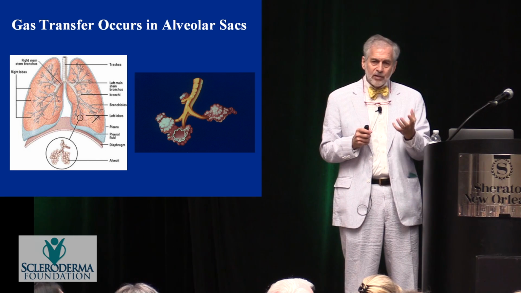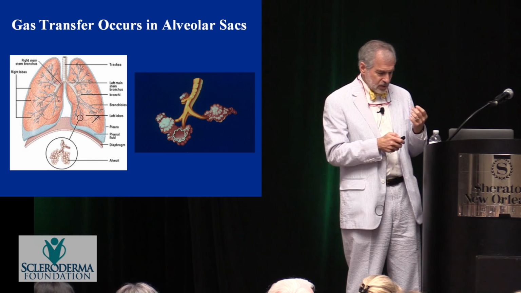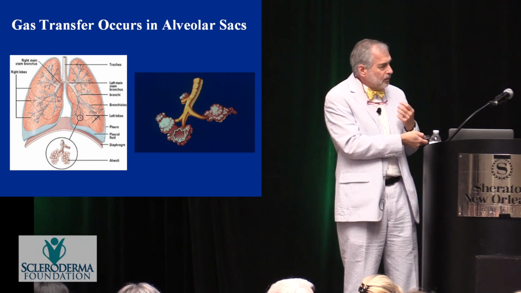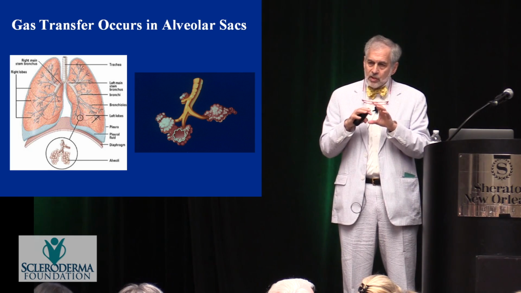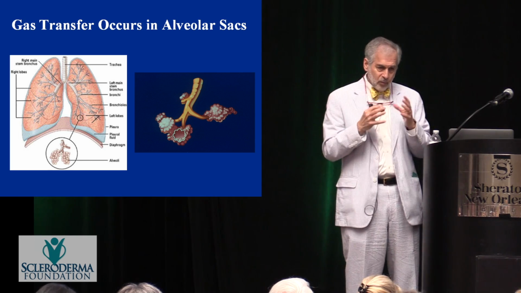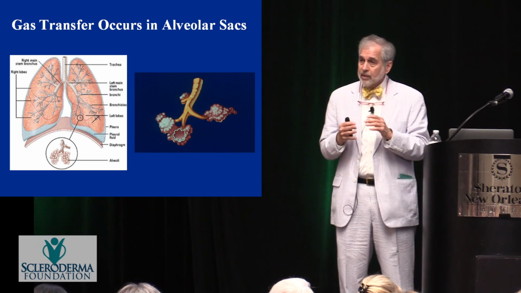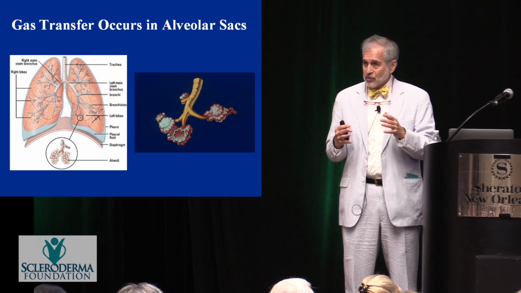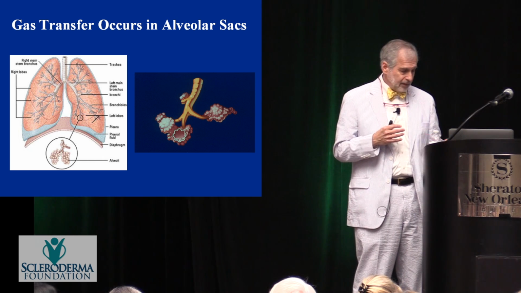Alveoli is a Latin term for cluster of small grapes, and you can see from this cartoon in the circle there that the alveoli are clustered together, and they resemble a bunch of grapes. And that's really where the action occurs. That's where oxygenation occurs, in those alveoli.